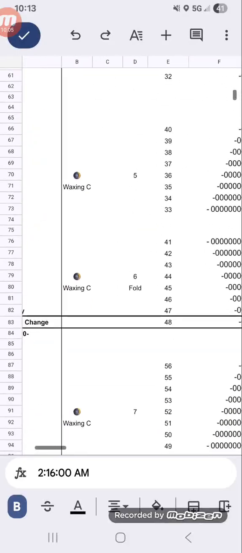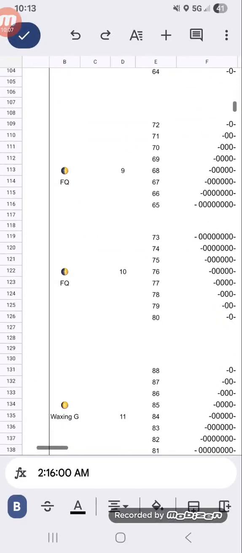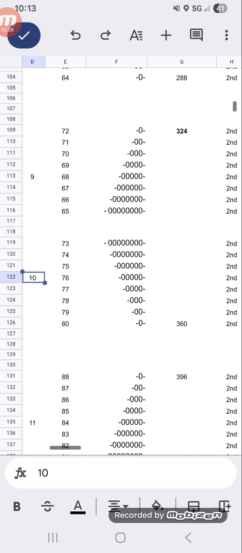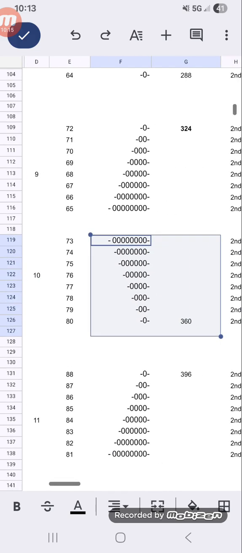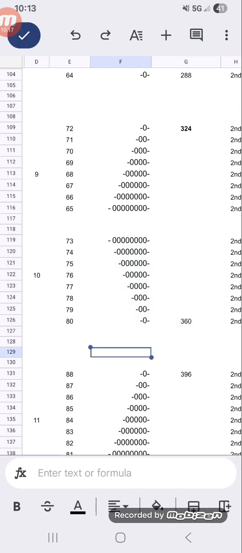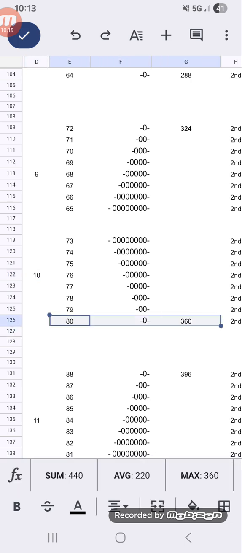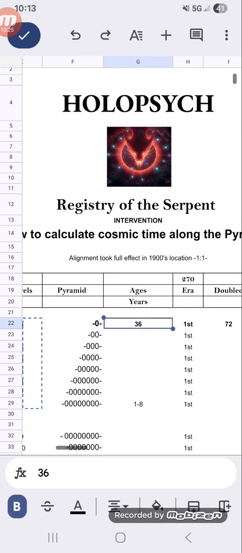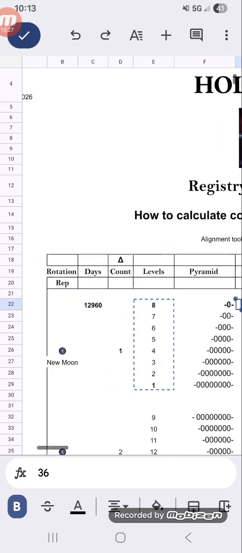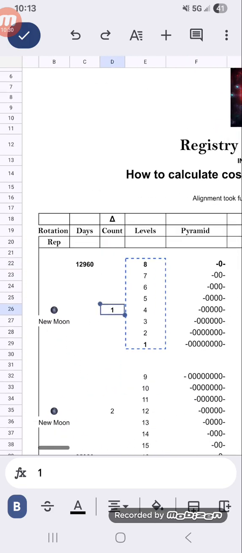So I will find 1080 on here, which is going to increase in power to the hundredth place right here, meaning the 10th count, 10th pyramid, 1080 right here, 360, which goes up to the 100th place from the beginning, from the first pyramid.